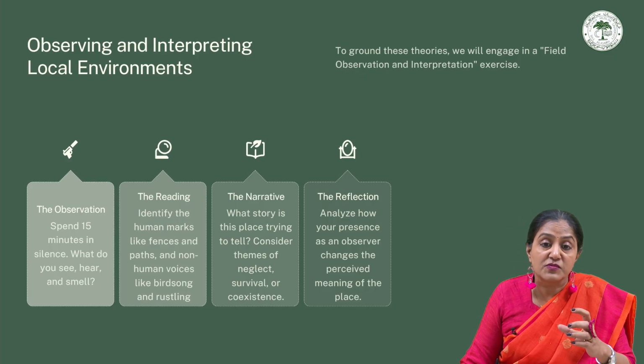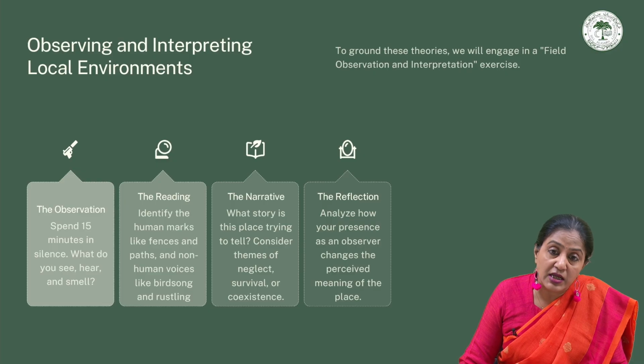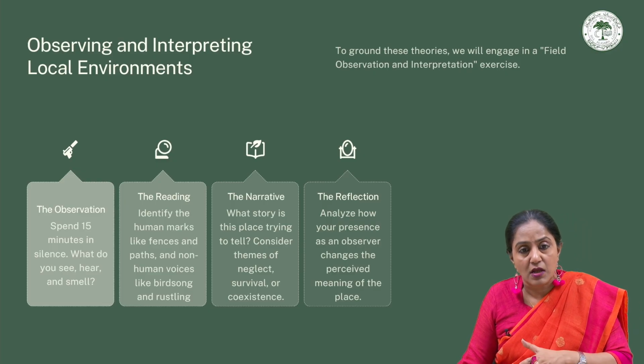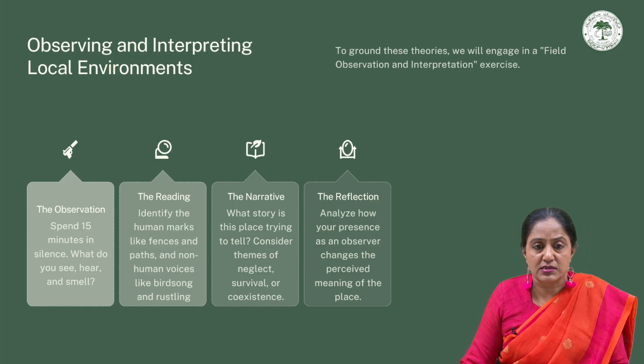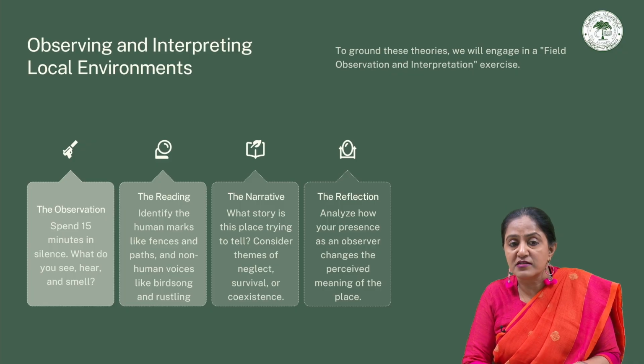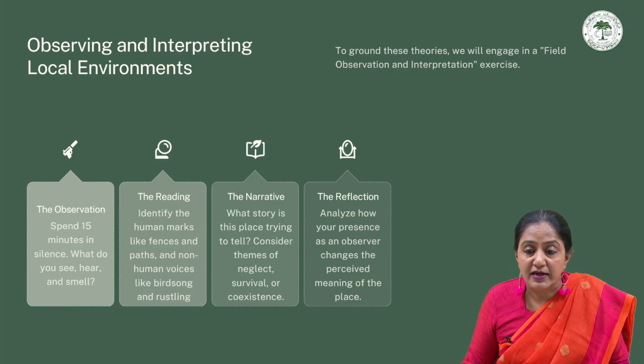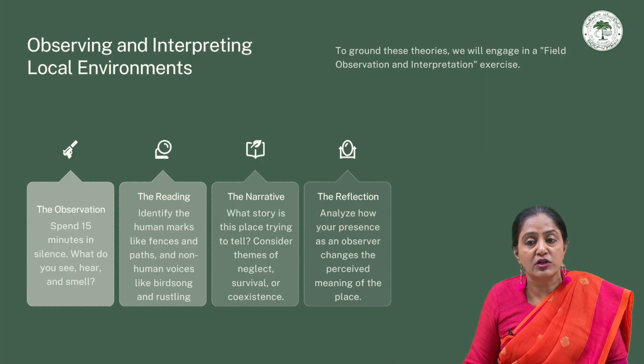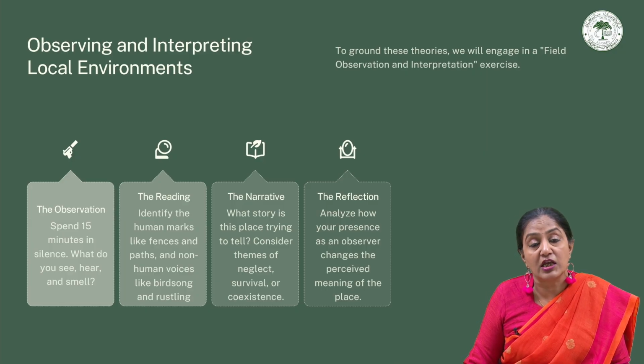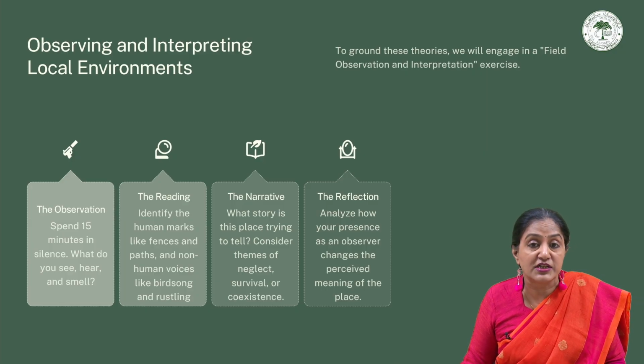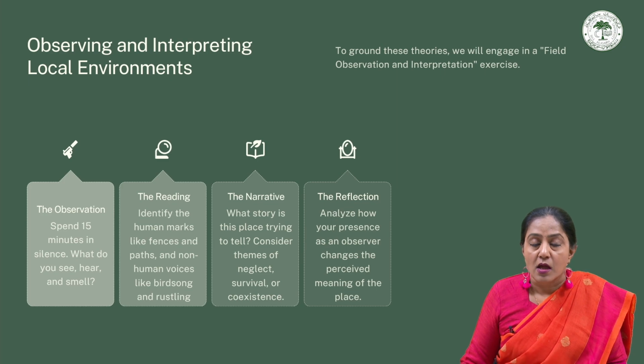Another important aspect concerns narrative. After observing and interpreting, we construct narratives. We tell stories about places. This process is not merely descriptive, it is analytical. By narrating environmental change, we begin to understand relationships between ecology, culture, politics, and history. And finally comes reflection.